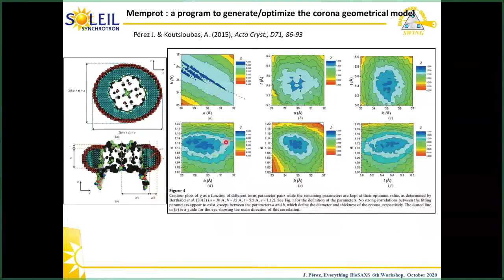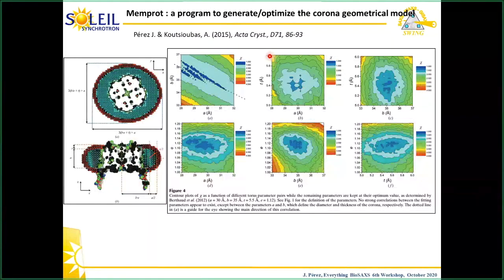But these correlation maps are also useful in the way Memprot should be used because, of course, you're not going to start to launch Memprot with a very small step for each of the parameters blindly. Otherwise, it can last for days or months of calculations.